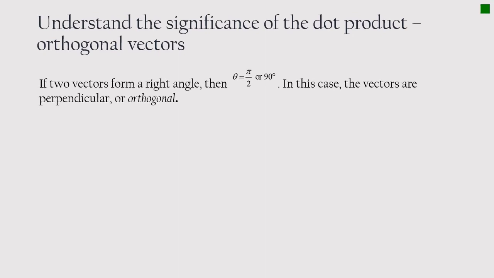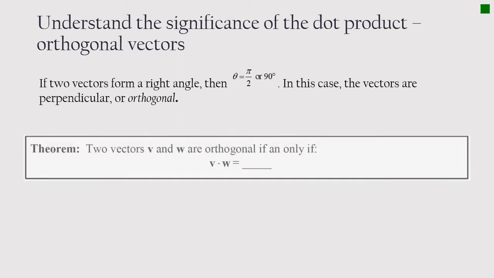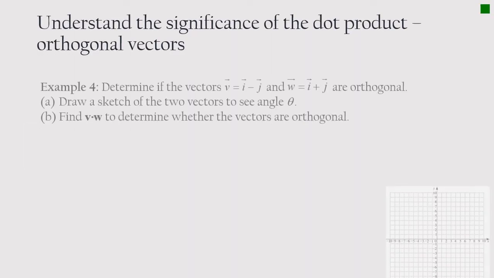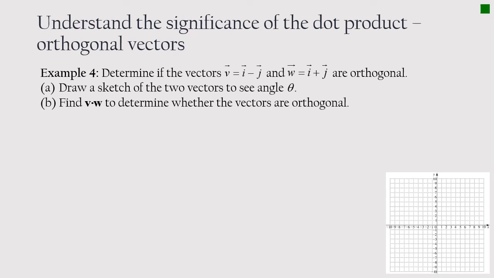We can use this also for orthogonal. Orthogonal is basically another word for perpendicular. Two vectors, v and w, are orthogonal if and only if their dot product equals 0. So determine if these two vectors are orthogonal. Let's first sketch them. This is 1i minus 1j, so over 1, down 1.